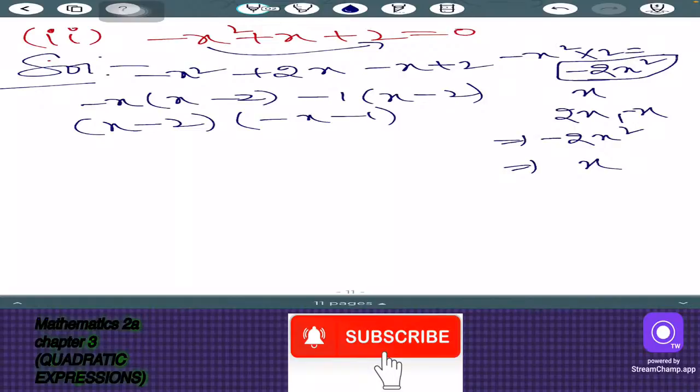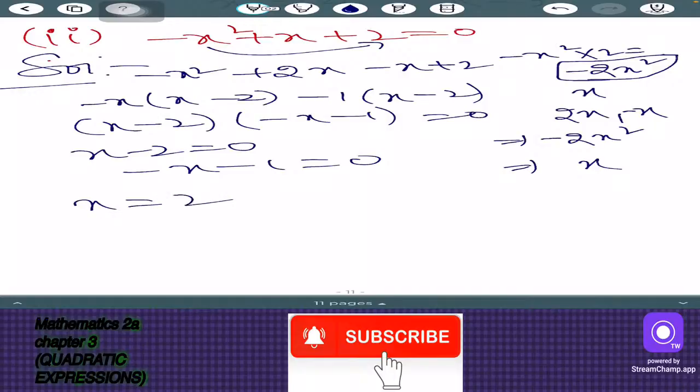So equate every term to 0. X minus 2 is equals 0, and x minus 1 is equals 0. So what you'll get over here, x is equals to 2, and minus x is equals to 1, and if you send this minus sign to the other side, you will get x is equals to minus 1.